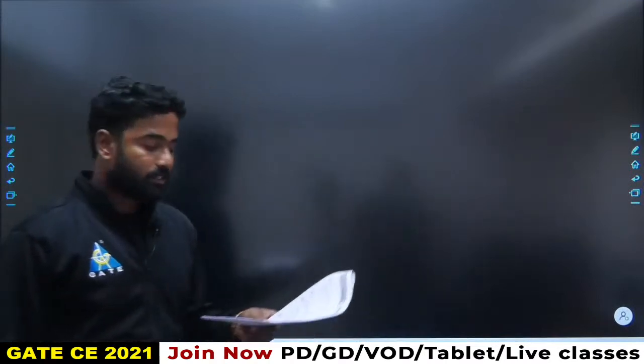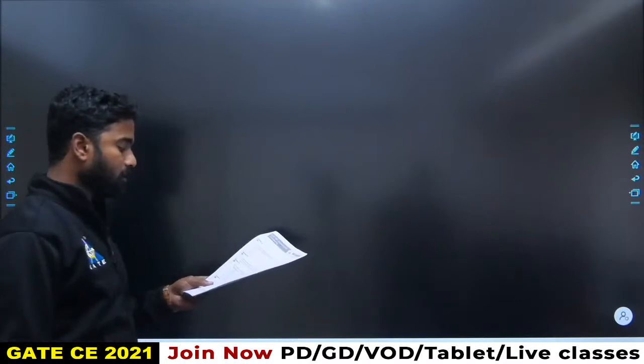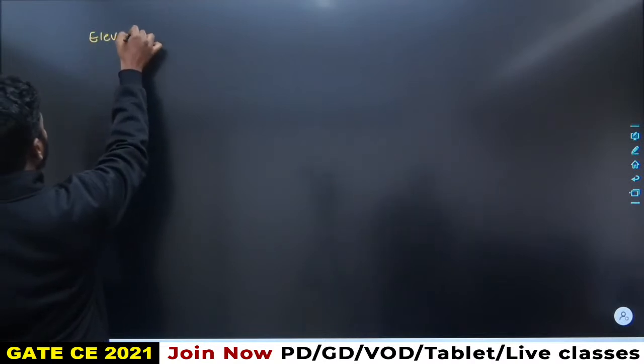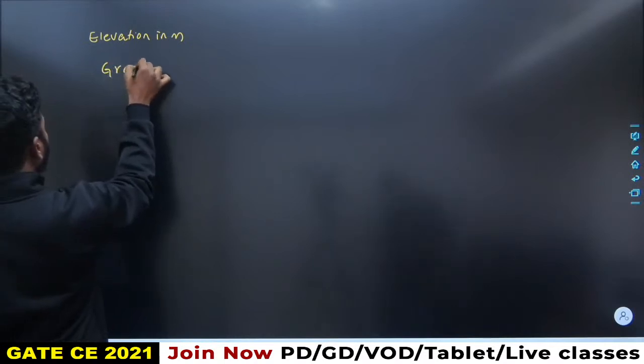The longitudinal section of a runway provides the following data: elevation in meters, gradient.